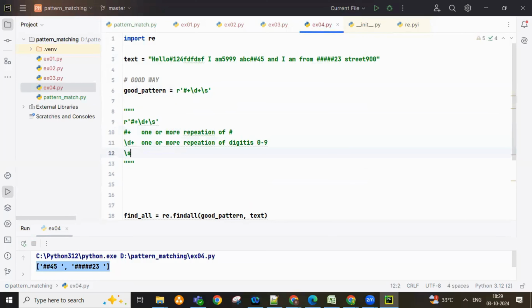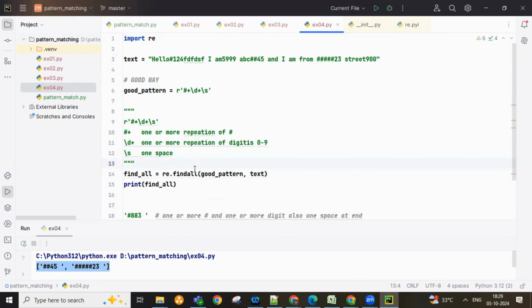Okay, slash s, one space. You got it? Clear? I just elaborated neatly here so that when you are referring quickly, you will understand.